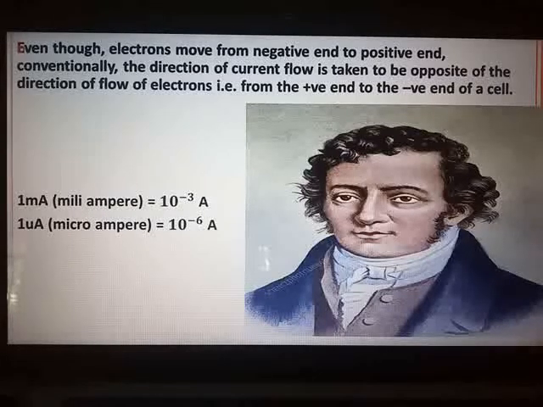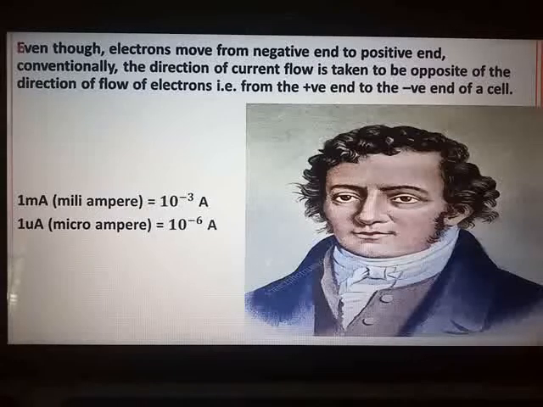More and more efforts were taken by him in this field, and the unit of current is called ampere as a recognition of his work. Devotedly he was working in the field of electricity, and today whatever amount of current we are measuring in ampere is in honor of his work.